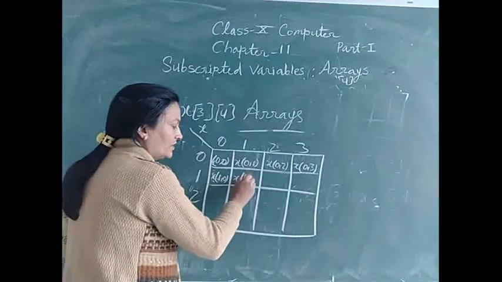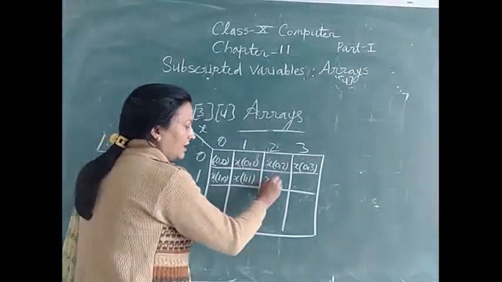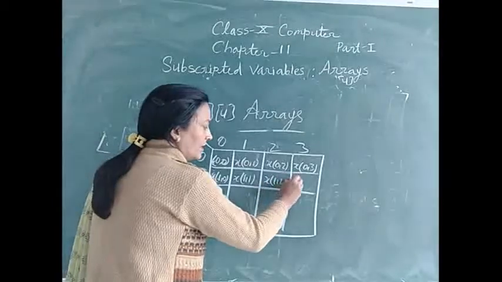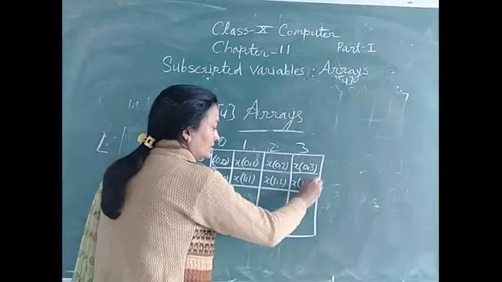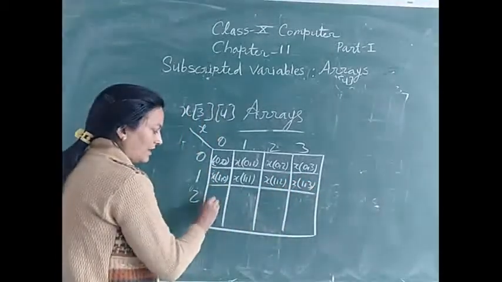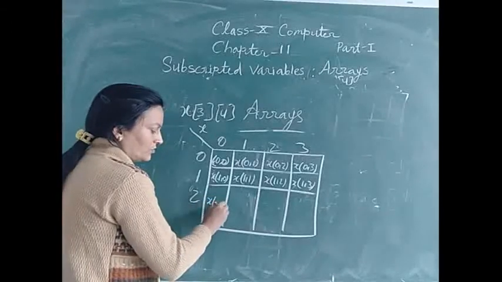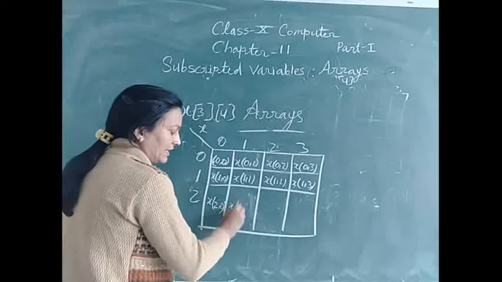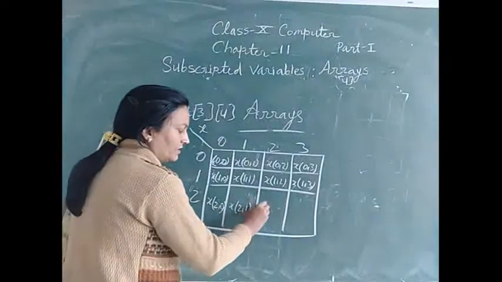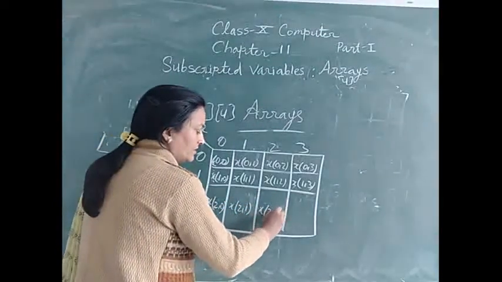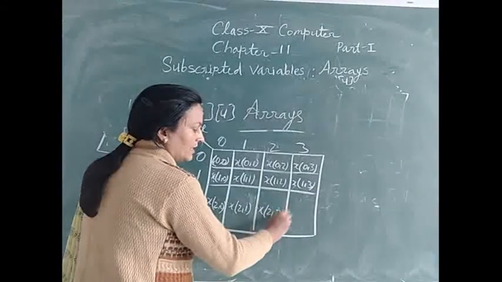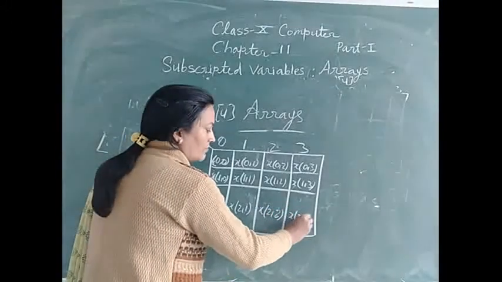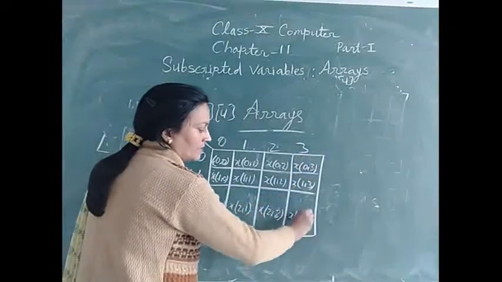Then X[1][0], X[1][1], X[1][2] and X[1][3], and here X[2][0], row number 2 and column number 0, and X[2][1] and X[2][2] and X[2][3], row number 2 and column number 3.